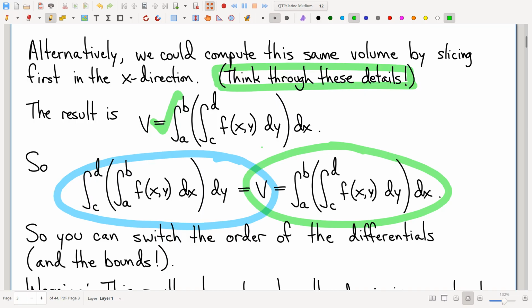Yes? Yeah, in Calc 2, there's some questions where you can't really choose whether you do x slicing or y slicing. Is that the same for 219, or would you generally be flexible with us choosing either? You were making a reference to Calc 2? Yeah, because sometimes the questions would be like, oh, you have to use y slicing to evaluate it. So this must not have been Calc 2 at Duke, because it sounds like you're talking about double integrals? I know, like, for example, calculating the area under the curve, let's say either with the y-axis or the x-axis, like it'll specify. No, I understand. Okay.